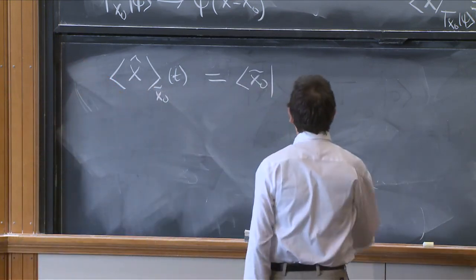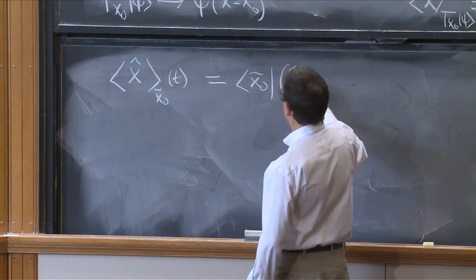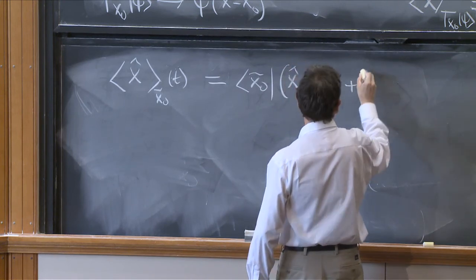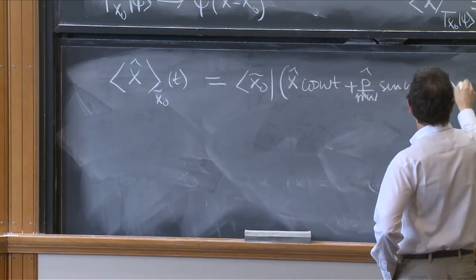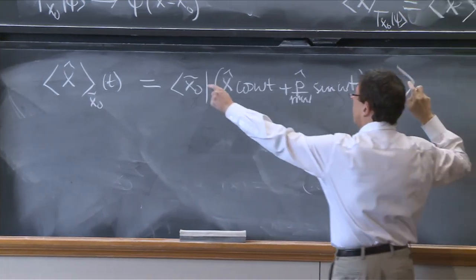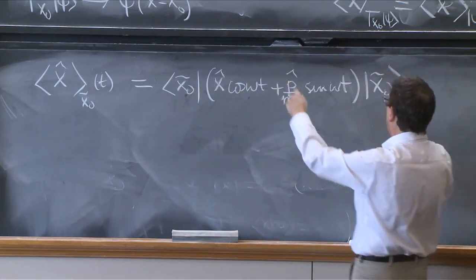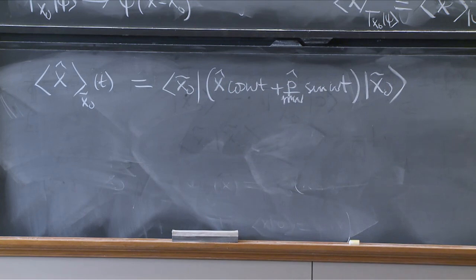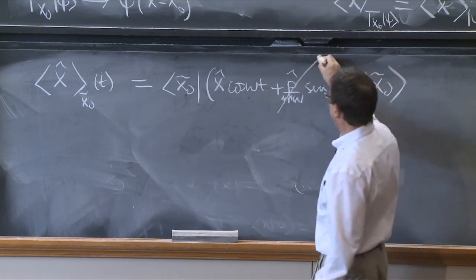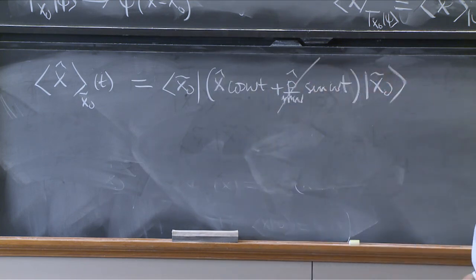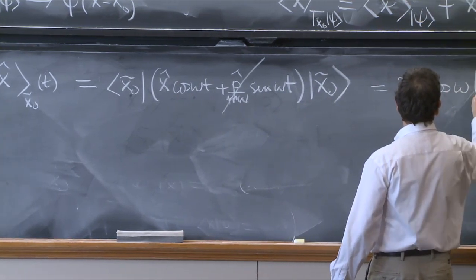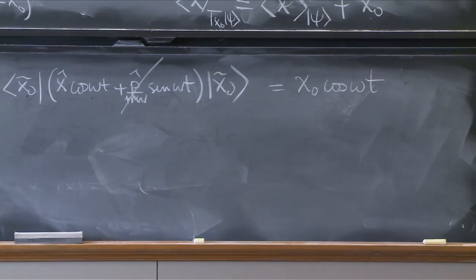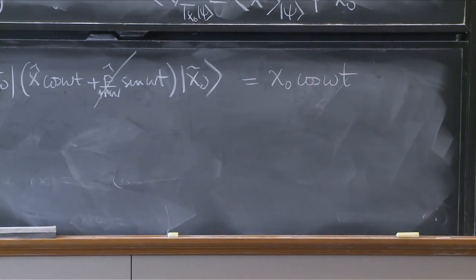So we have it up there, x hat cosine omega t plus p hat over m omega sine omega t, x naught. Forget about time evolution of the coherent states. We've evolved the operator. On the other hand, we have that the expectation value of p is 0 in the coherent state, and the expectation value of x is x0. So end of story, calculation over, x0 cosine of omega t. That's expectation value in time.